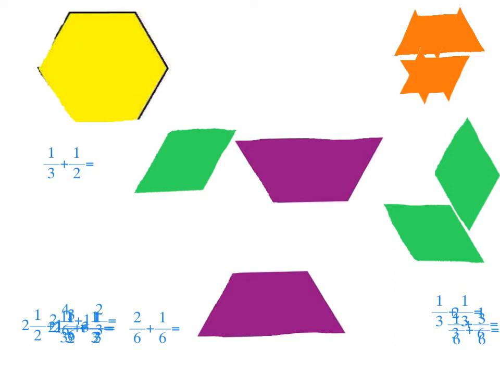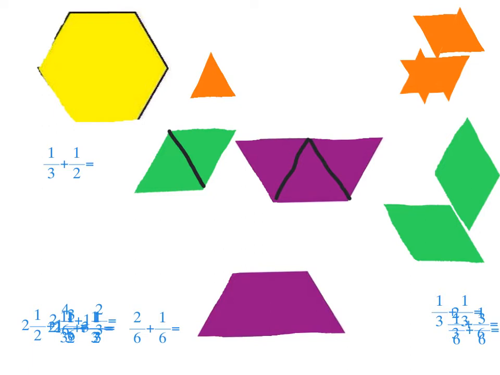So if I thought about my rhombus there, that would actually make 2 triangles, right? And my trapezoid would actually make 3 triangles.